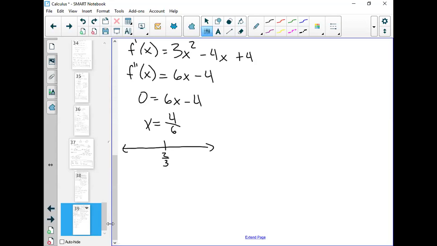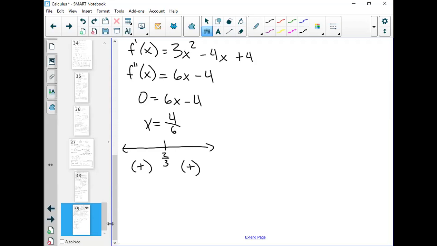Although to be technical, we don't know if that's an inflection point yet. Remember, an inflection point only occurs where the second derivative changes sign. So if we end up with something like this, then it turns out that x equals 2/3 wasn't an inflection point all along. So just like you can have a critical point that's not a max or a min, in the second derivative, you can have a place where the second derivative is 0, but it's not technically an inflection point.